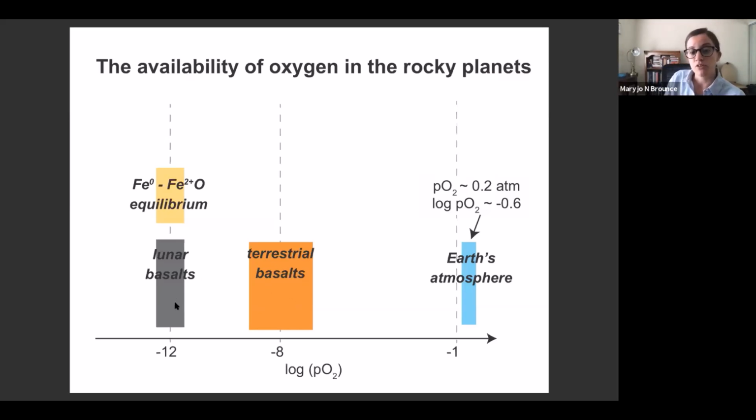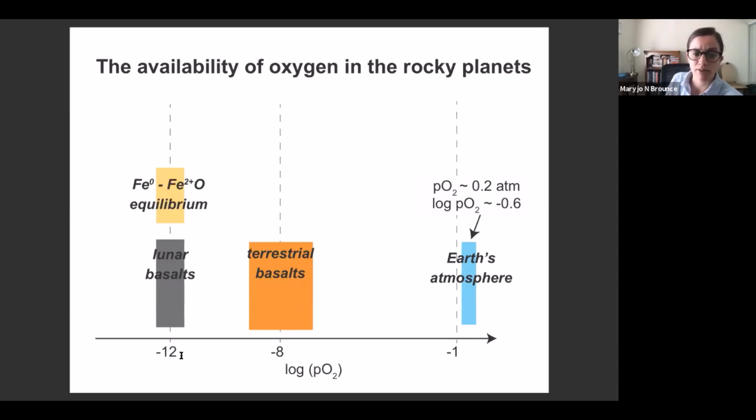Basalts that erupt to the surface of the moon have 4 orders of magnitude even lower. They have much lower log PO2s, and they have available oxygen similar to that recorded by the equilibrium between metallic iron and ferrous iron oxide, which is called wustite. So the moon, we think, is something on the order of 11 orders of magnitude lower in this availability of oxygen parameter that we're going to think about.